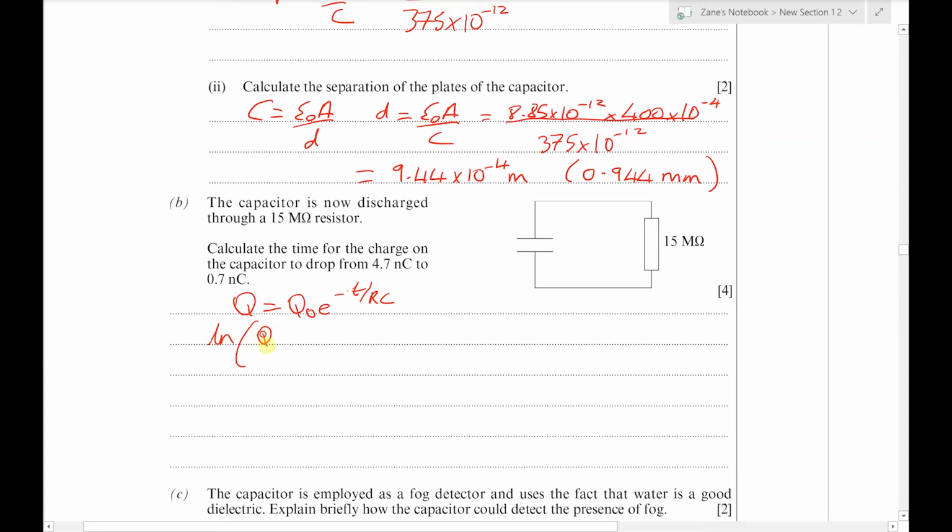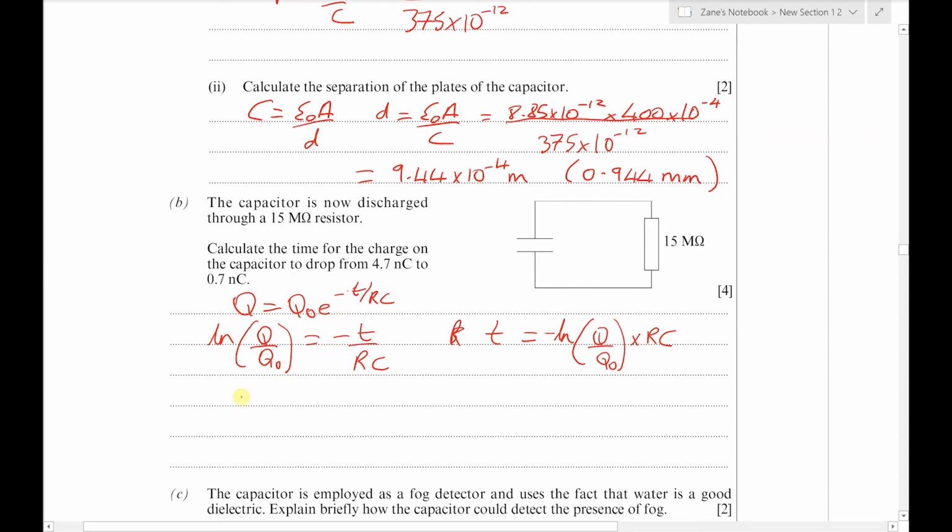So we'd have log of Q over Q naught, and it has to be natural logs, is minus t over RC. And a quick bit of rearrangement there, you'll find that t is equal to log of Q over Q naught times RC, and that will be negative because we've got a minus t here.